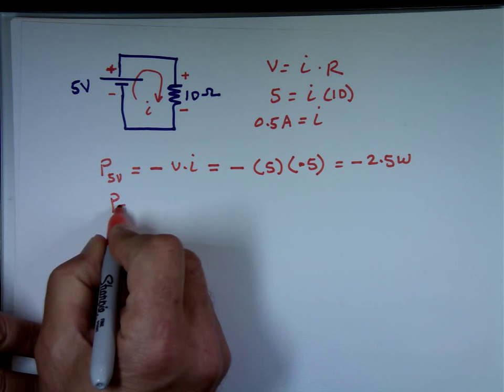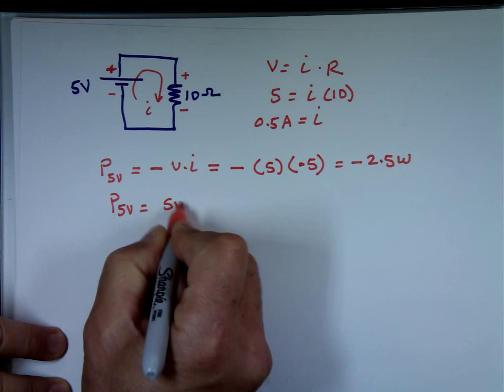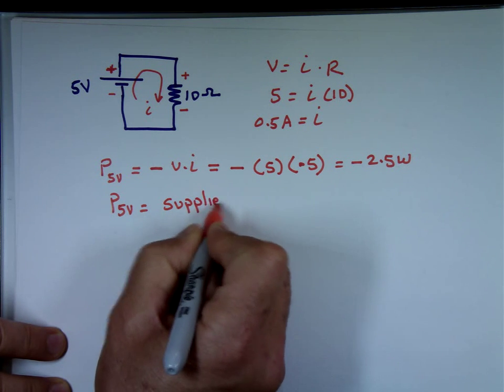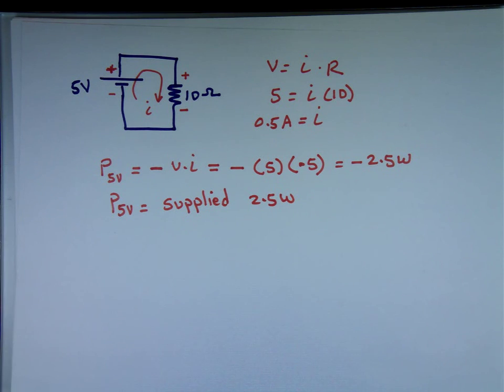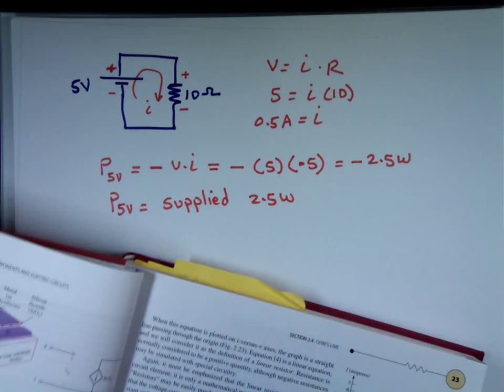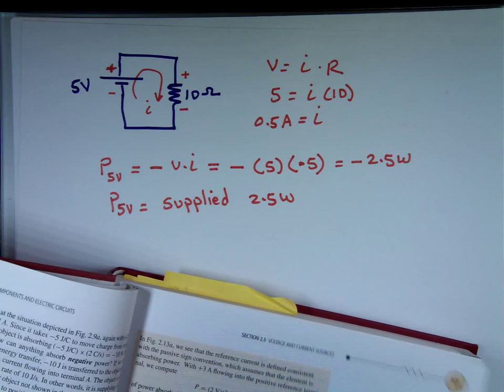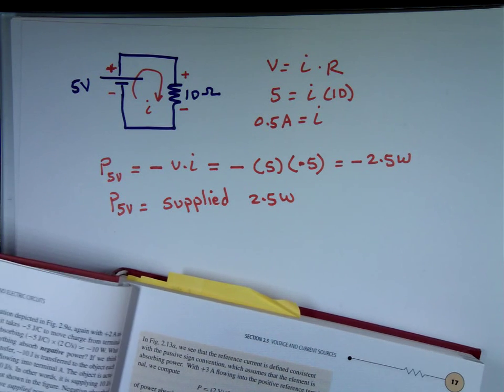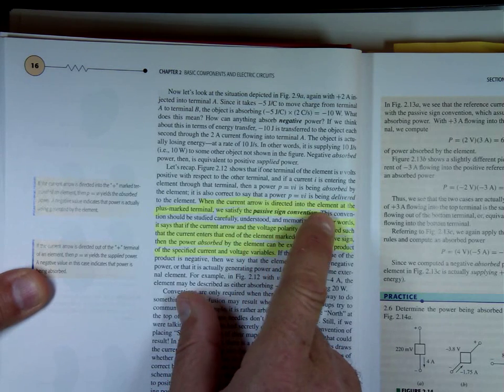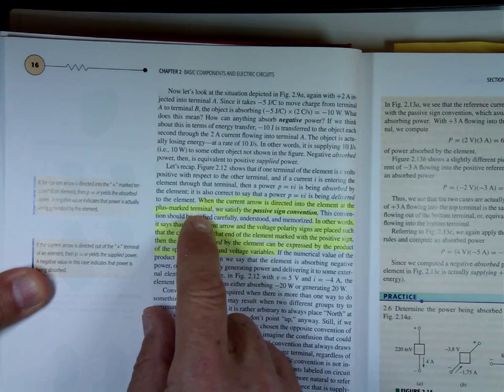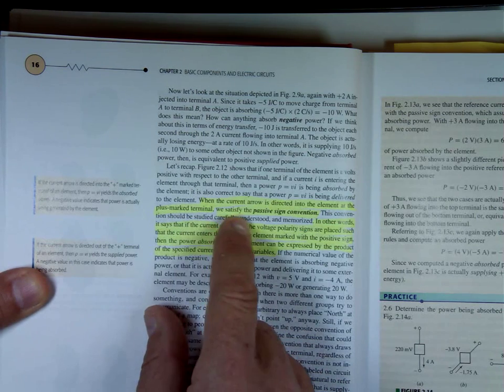So the 5 volt source supplied, because of the minus sign, 2.5 watts. Now why is it minus again? I mean, why is it negative? Let's go back here. Question, why is it minus? When the current arrow is directed into the element at the plus marked terminal, we satisfy the passive sign convention.